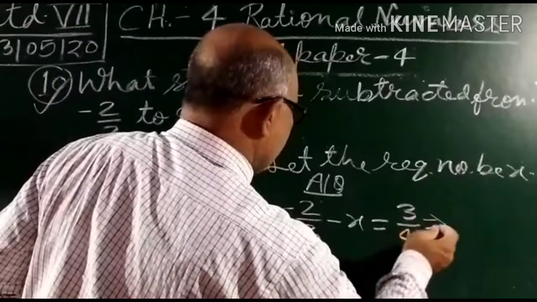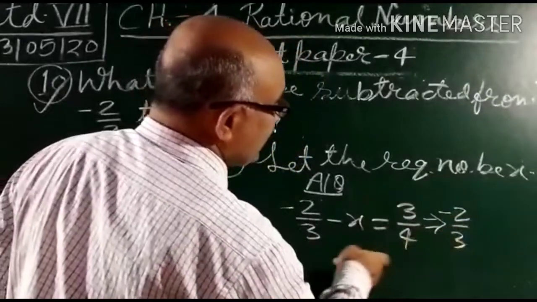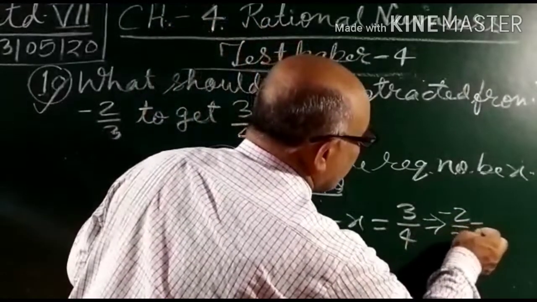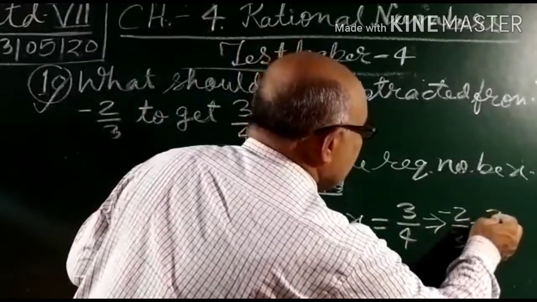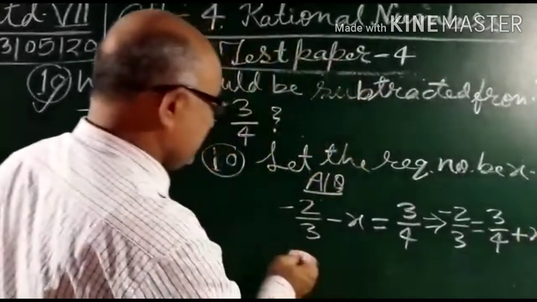Now by transposition, minus x changes to plus, so minus 2 by 3 equal to 3 by 4 plus x.